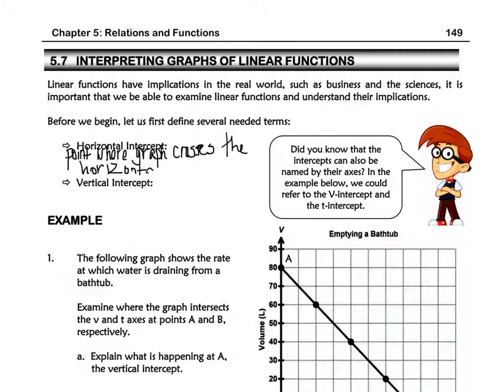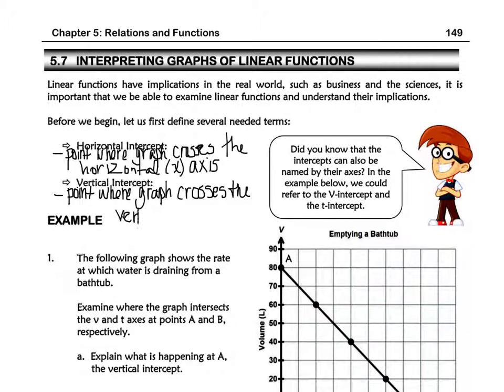I'm just going to put x there in brackets because that's the most common name for the horizontal axis. And the vertical intercept is the point where the graph crosses the vertical, or y, axis.